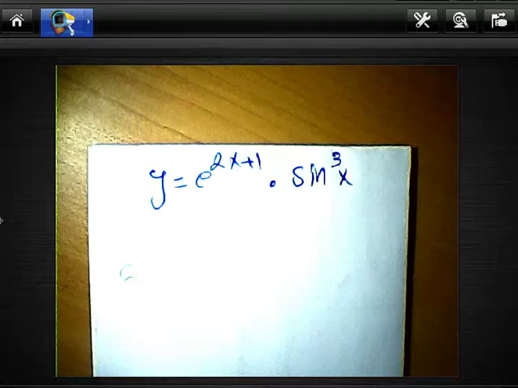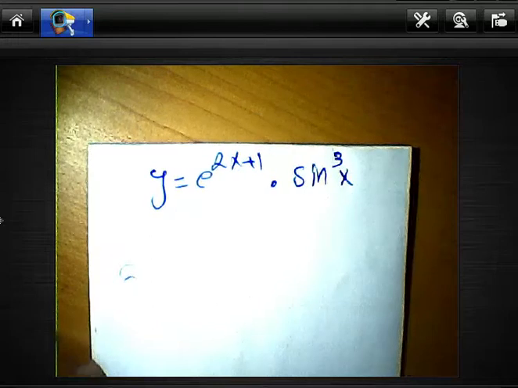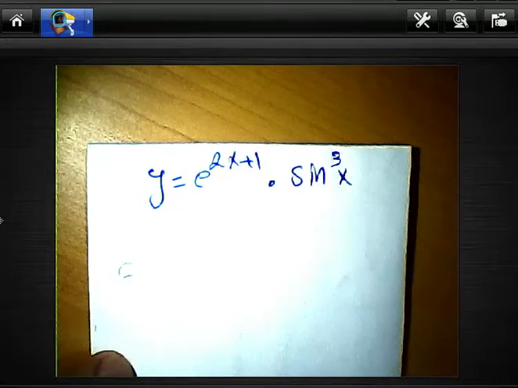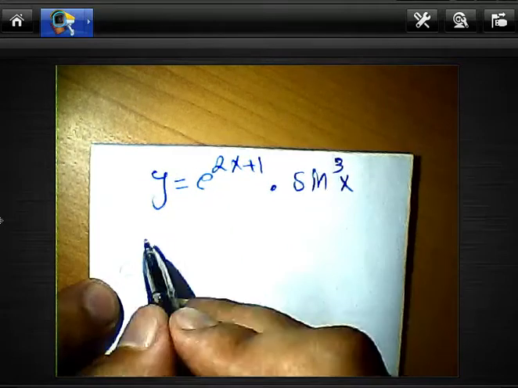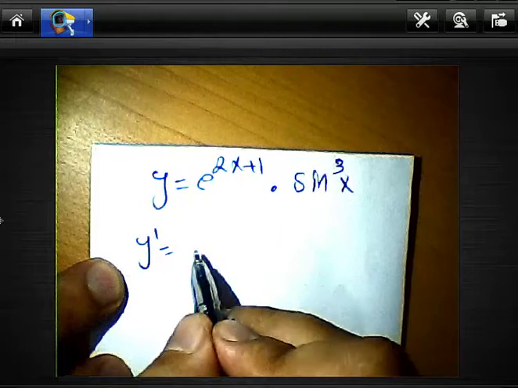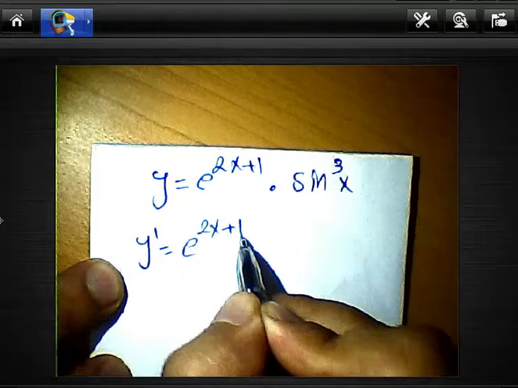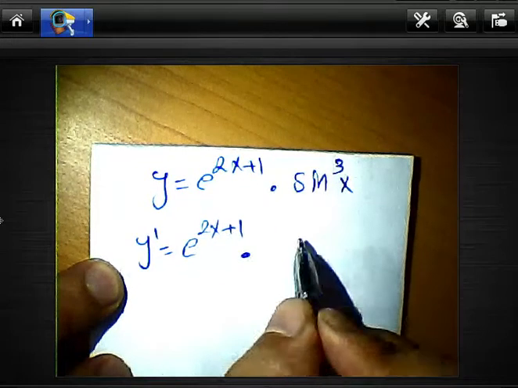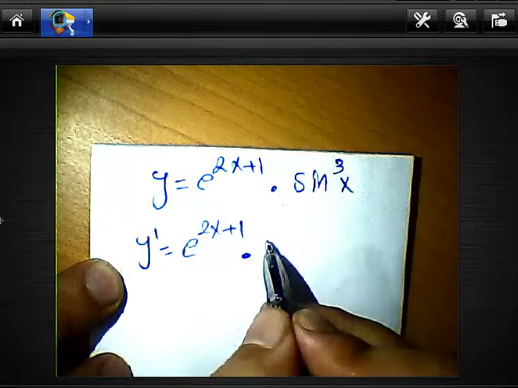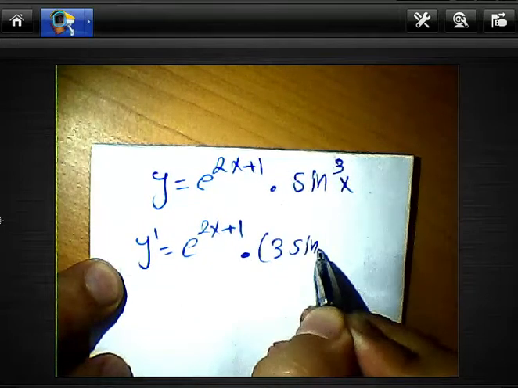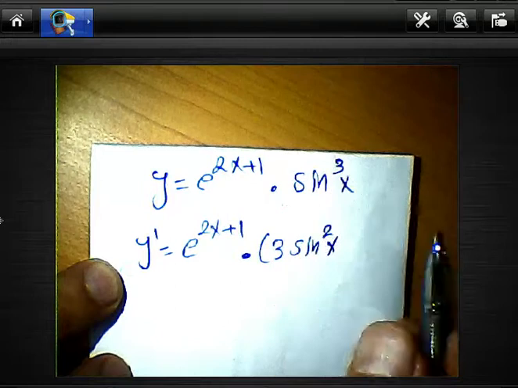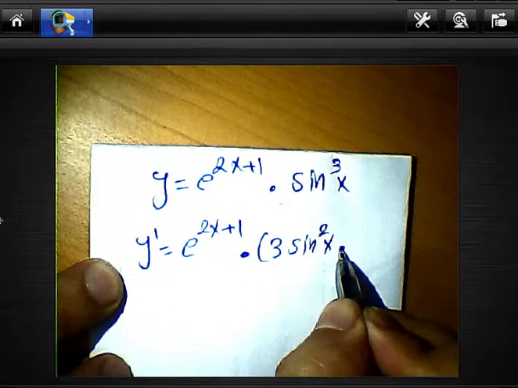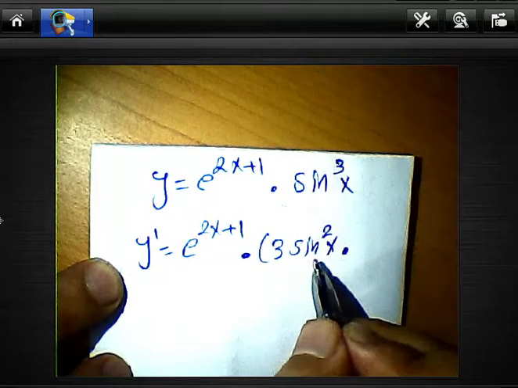Look at this example. We want to find the derivative of the multiplication of e power 2x plus 1 multiplied by sine power 3x. We write the first, e power 2x plus 1, multiplied by the derivative of the second. We drop the power here and write 3 here, subtract 1 from 3 to get 2, and then the derivative of sine will be cosine.